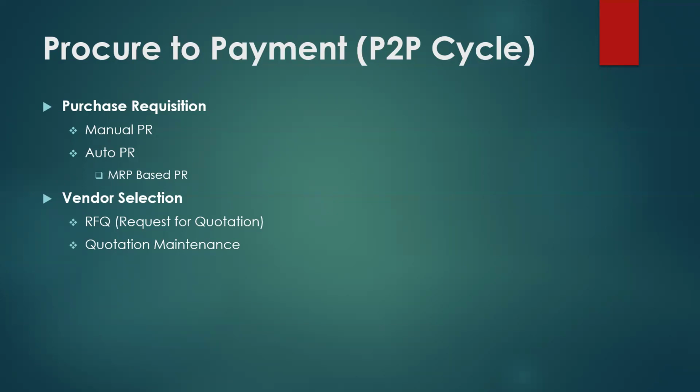Once the vendor selection process is done, the next step will be procurement documents. Once the purchase requisition is completed and vendor selection is also done, we'll create the procurement documents. I'm explaining this within the procure to pay, meaning the P2P cycle.